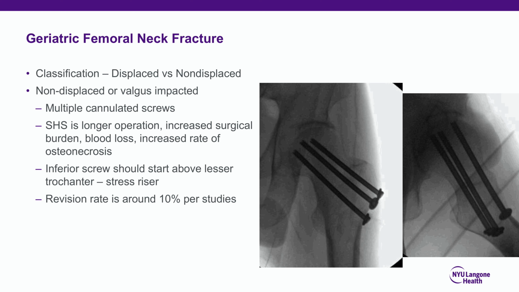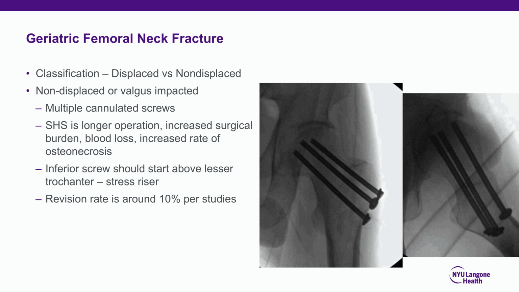Non-displaced or valgus-impacted fractures get treated with cannulated screws in an inverted triangle configuration. Oftentimes, if there's enough space or if there's significant posterior comminution, a fourth screw can be placed. A sliding hip screw for this type of injury in a geriatric population is a much more involved procedure with increased blood loss and actually higher rates of osteonecrosis without any benefit.